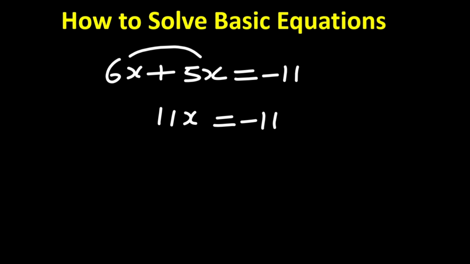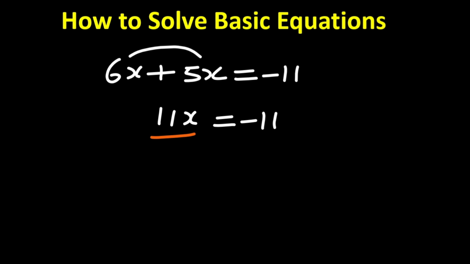Now we are finding the value of x here. As you can see, x is being multiplied by 11. So 11x is 11 times x. As I said, we always do the opposite operation. As x is being multiplied by 11, we do the opposite of multiplication, which is division.